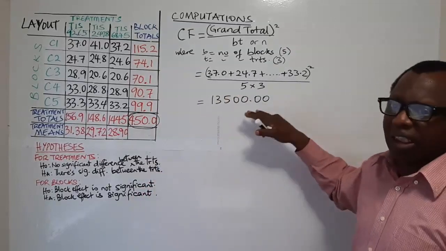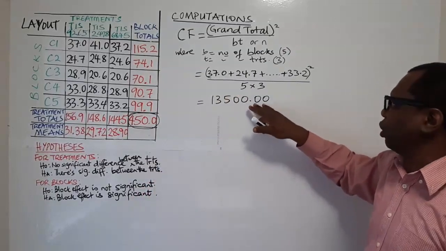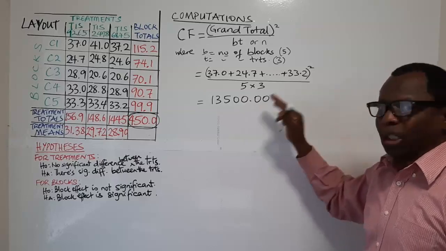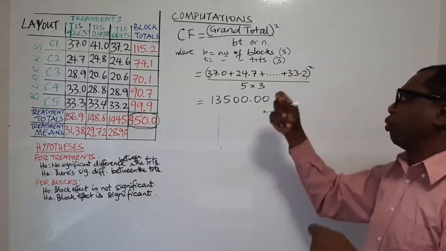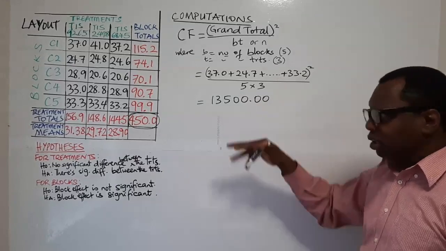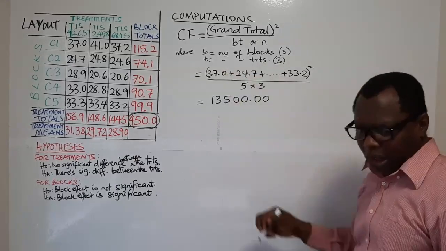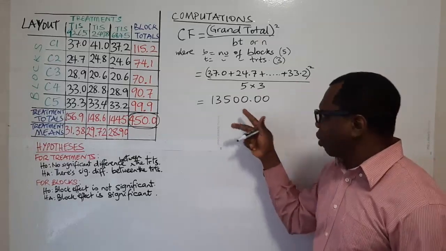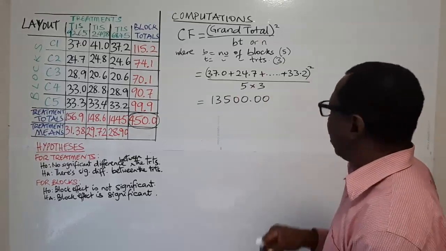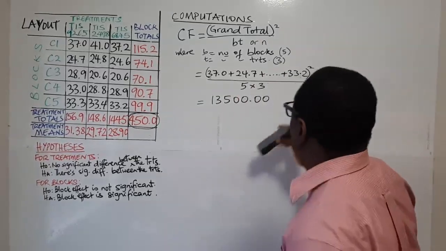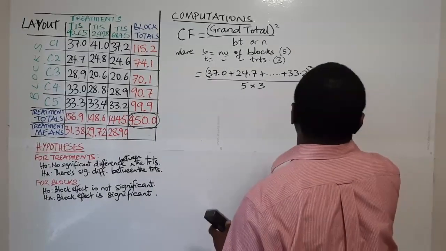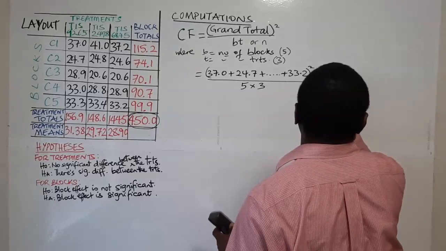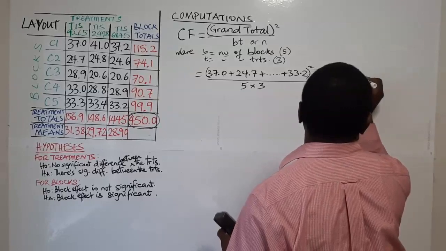For consistency, I always prefer to do my computations to 2 decimal places. It's good to be consistent instead of doing some to 4, some to 2, some to 1. So that's our correction factor, and for the sake of space, I'll put it here: 13500.00.